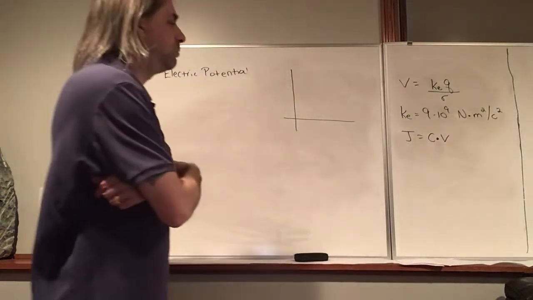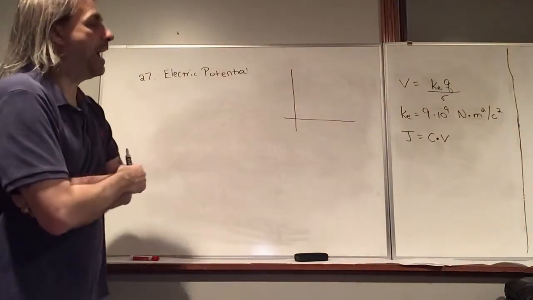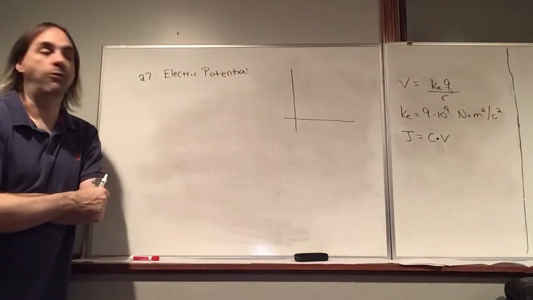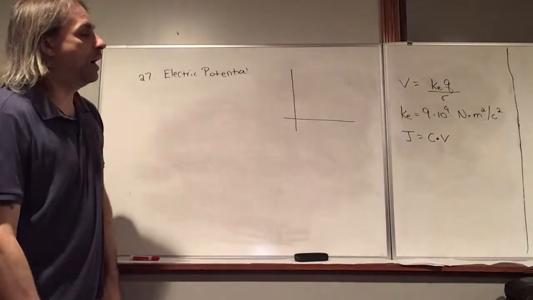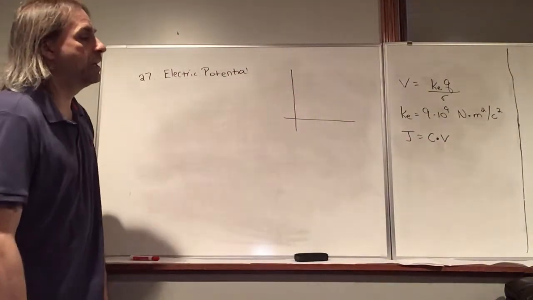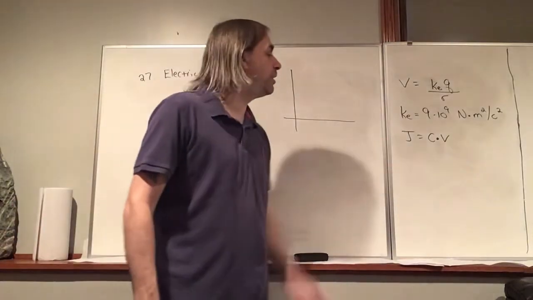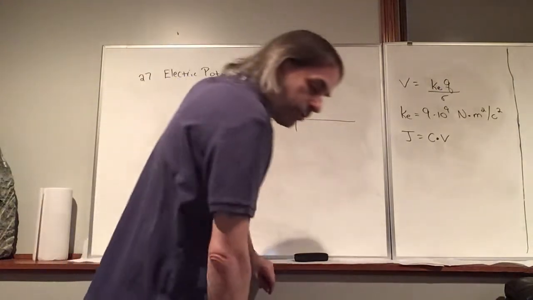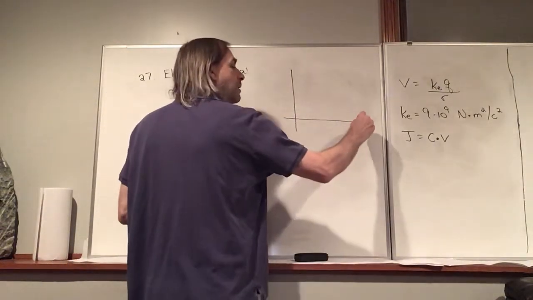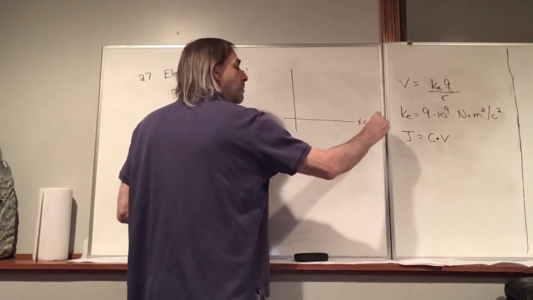A joule is equal to a coulomb volt. Earlier we had a volt as a joule over a coulomb, but we can just multiply by a coulomb. And again, this unit conversion factor is on the equation sheet. But when we look at this problem, we have x and y measured in centimeters.